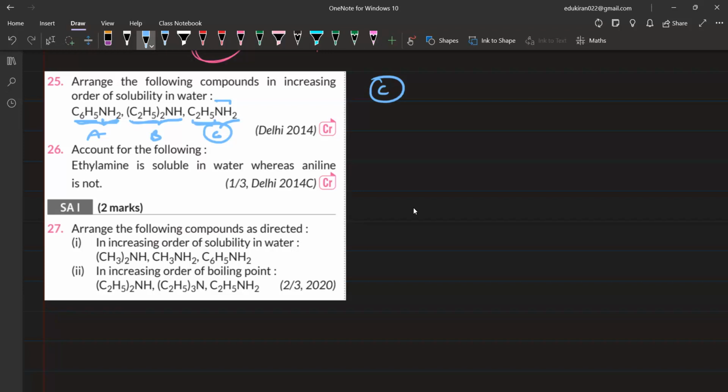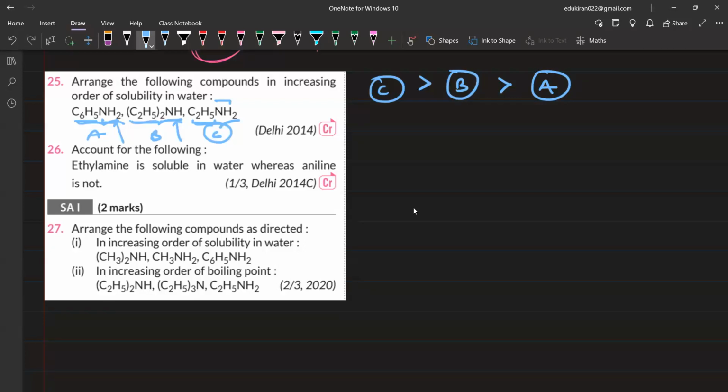After that you will have B. B has only 1 hydrogen. And here there are 2 hydrogen, but C6H5 is quite large. Due to its larger size it has lower solubility. So the lowest solubility will be of A, right.